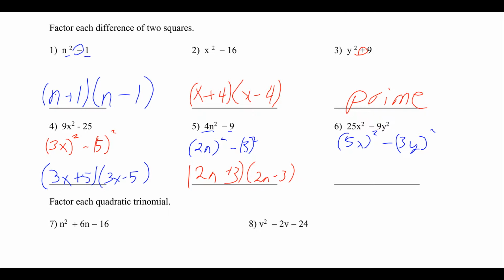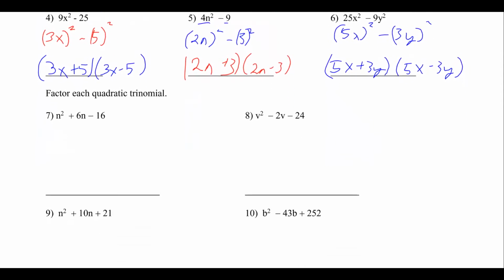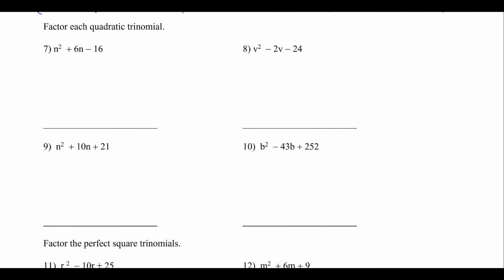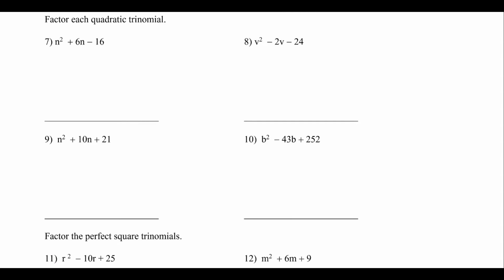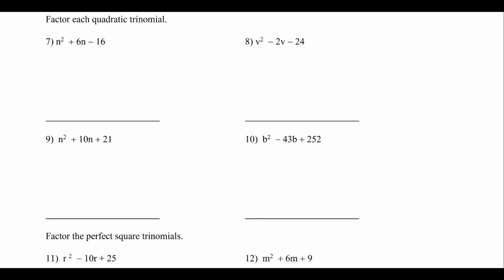And that's going to be 5x plus 3y, 5x minus 3y. And there we have it. It's that simple.